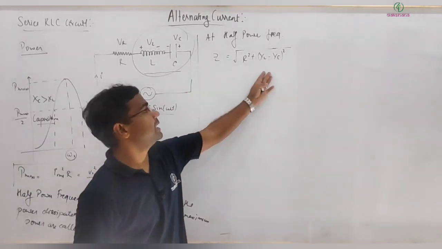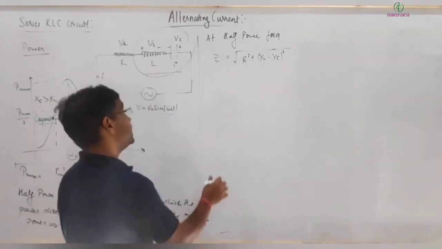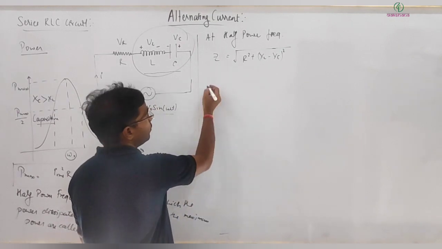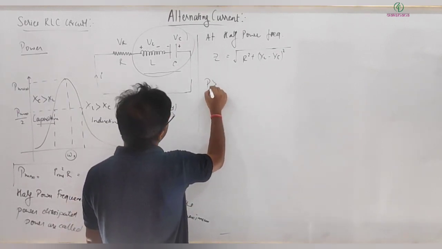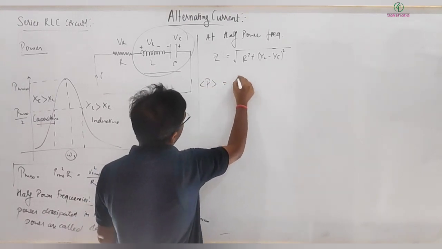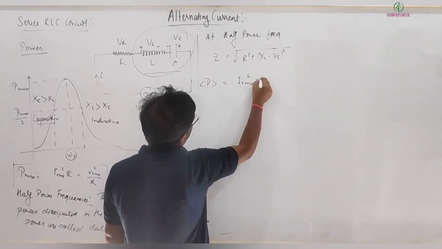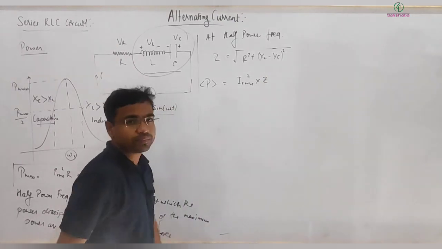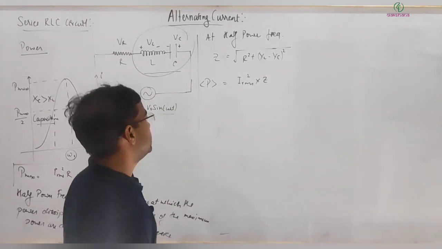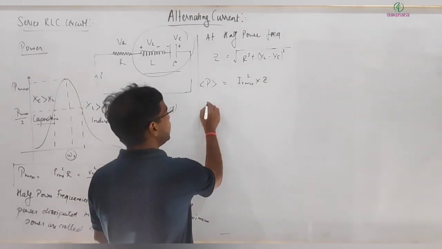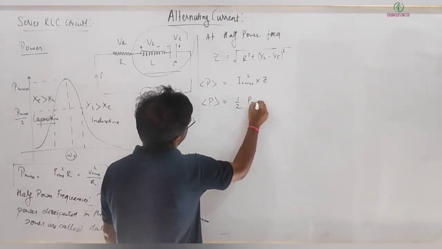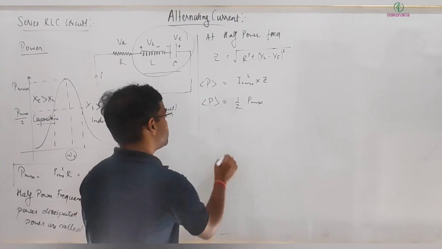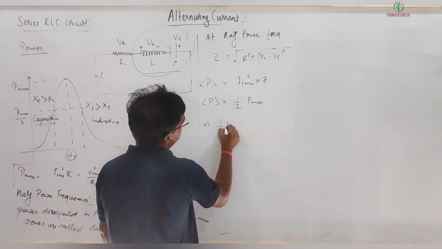All right, so in general terms I can write both with this. Then at this point of time, what can I write? Power, average power, is equal to what? You can write I RMS squared multiplied by Z, is it? But I want this P to be half of P max.